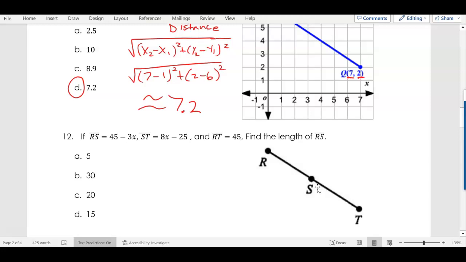All right. We have RS is equal to this, ST is equal to this, and then RT. Okay. Always label so you can see it. So between R and S, I can put 45 minus 3x.